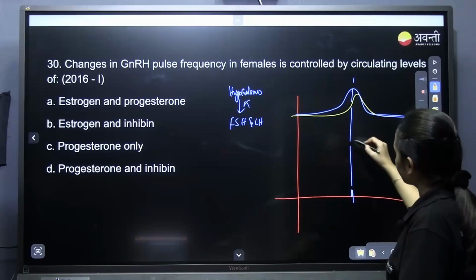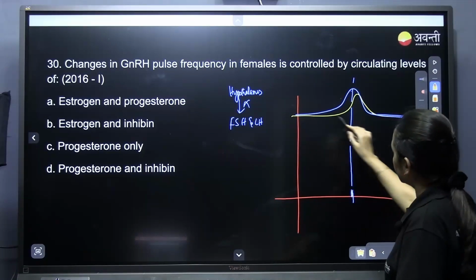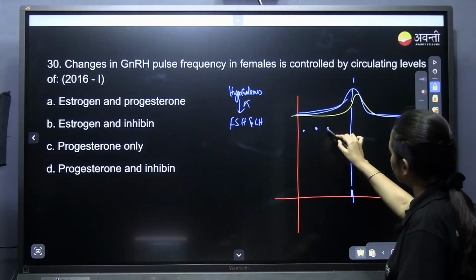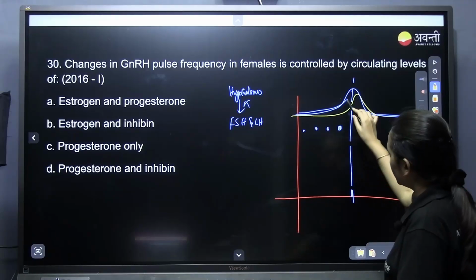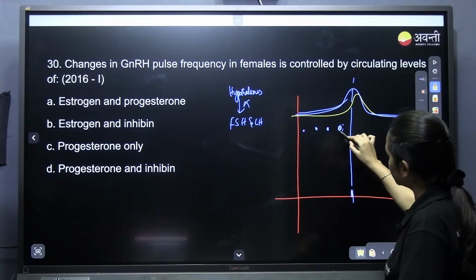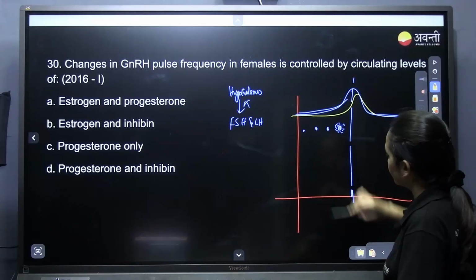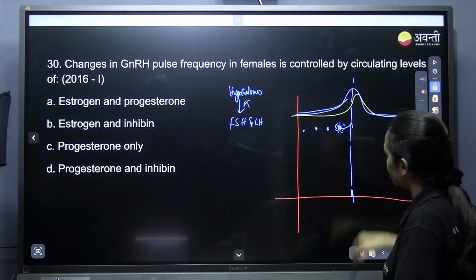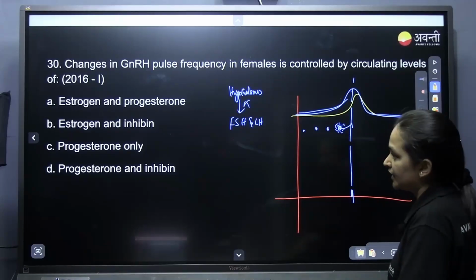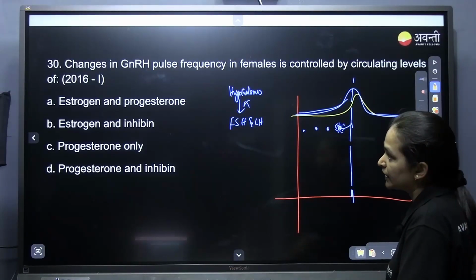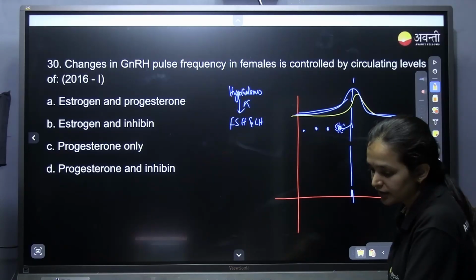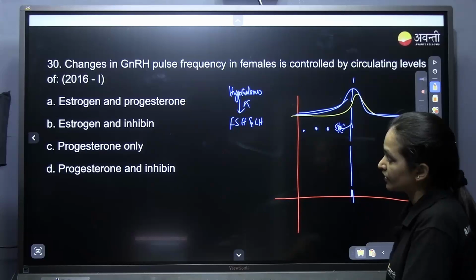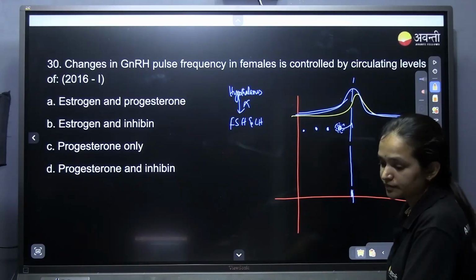Because till here, that is primary follicle, secondary follicle, tertiary follicle, Graafian follicle, only here should follicles form. After that, follicle should not form. The ovum, or the secondary oocyte, has to be released. That will be done by who? Estrogen and progesterone. Understanding?